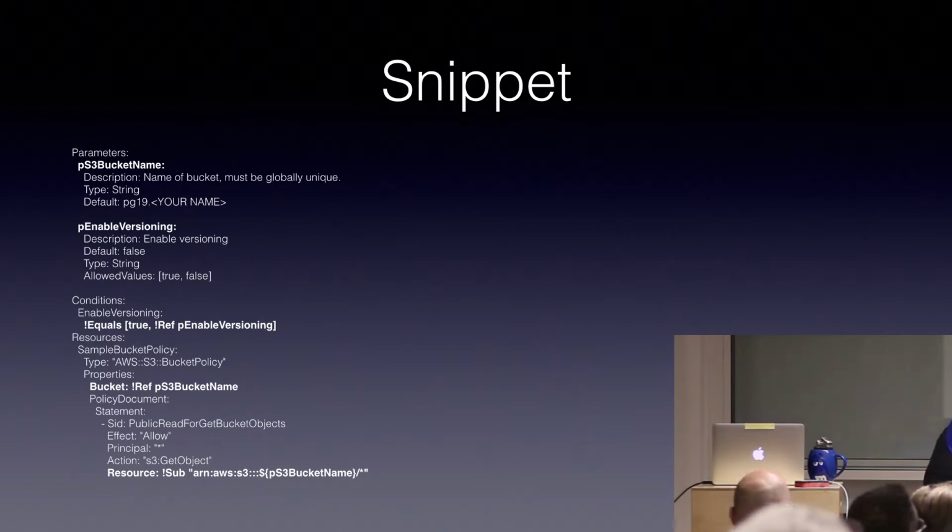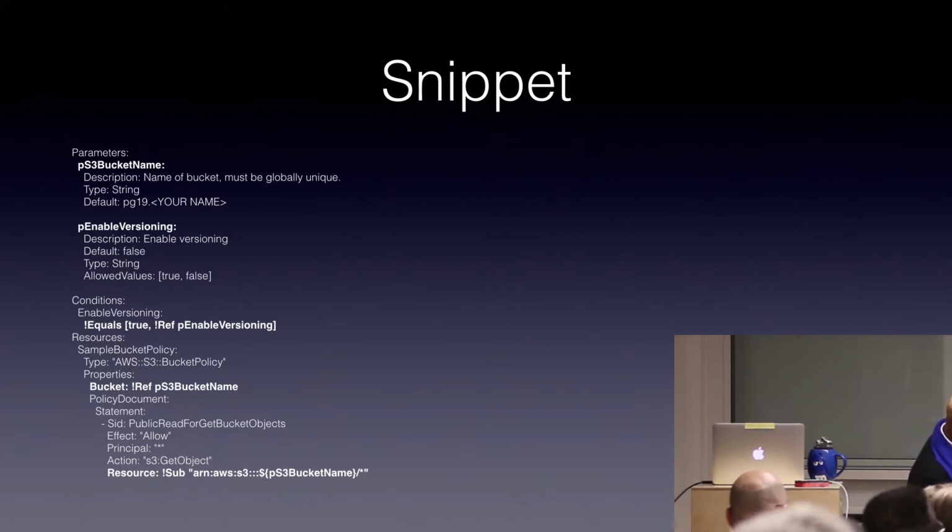And here we have a definition of how to use a Boolean function. Here we're using intrinsic conditional functions, and it's referencing this variable. So you're saying if version enabling this variable is checked to true, then we want to enable versioning.